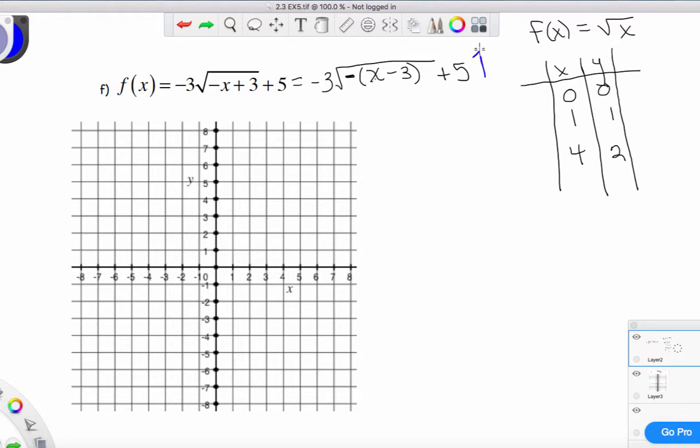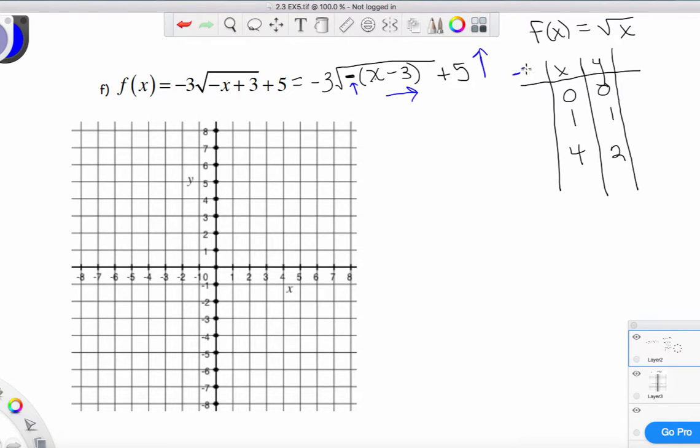The plus 5 means you're going to go up 5, and the minus 3 means you're going to go to the right 3. And now all we have to handle is the two negatives that I have and that 3 out front. Let's start with this guy right here. That is going to be a reflection over the y-axis, and it's going to flip your x values.